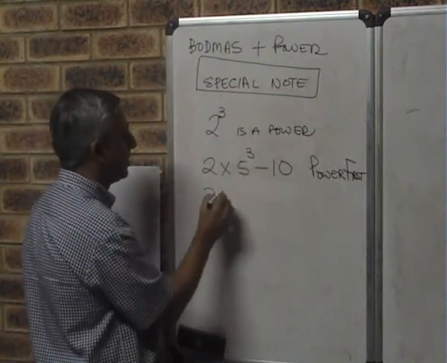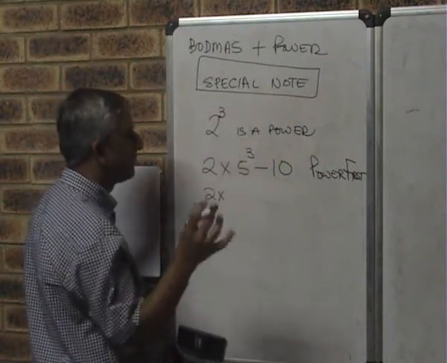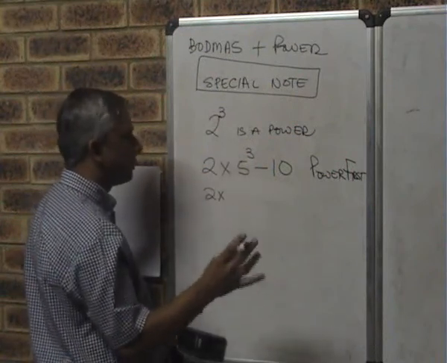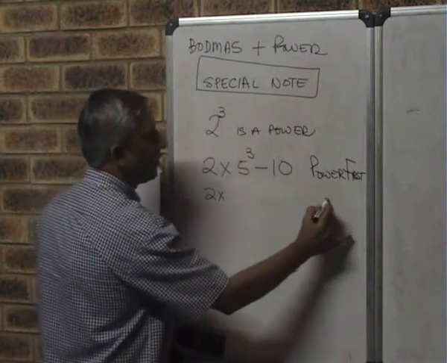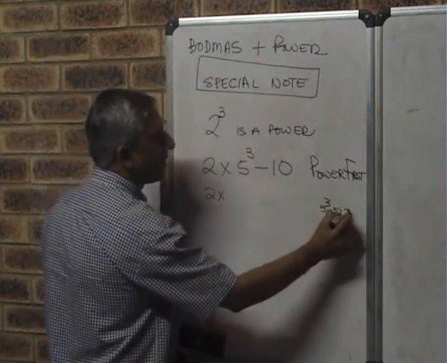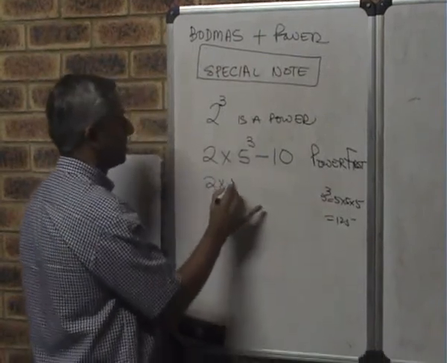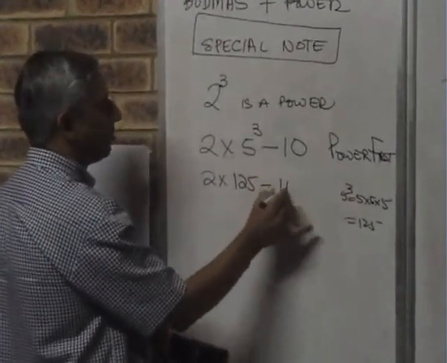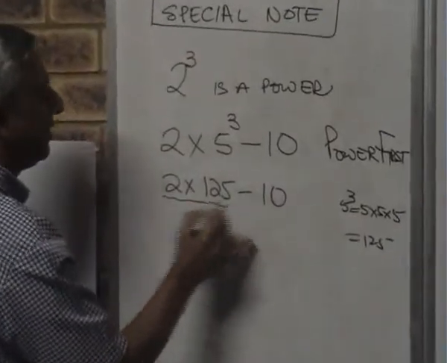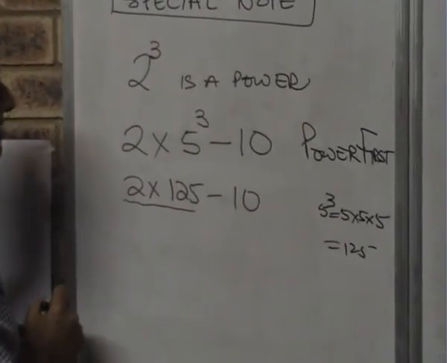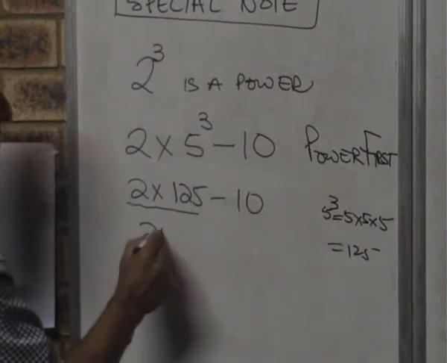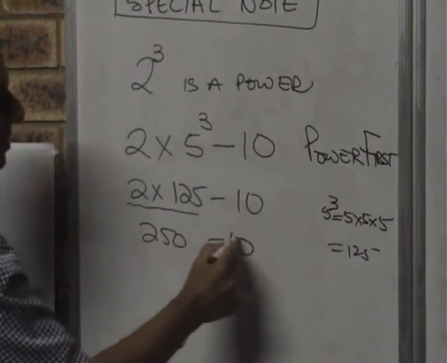So this will be 2 times 5 cubed, which means 5 times 5 times 5. So 5 cubed is 5 times 5 times 5, and that's 125. So this is 2 times 125 minus 10. Then when you come back here, it's BODMAS now. Multiply first. 250 minus 10.